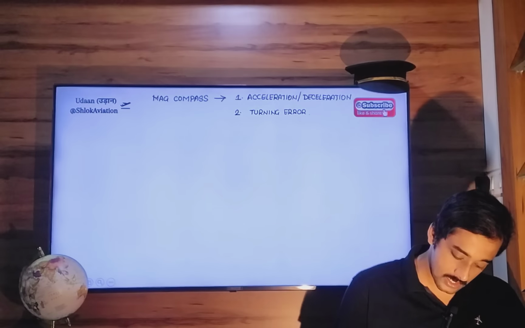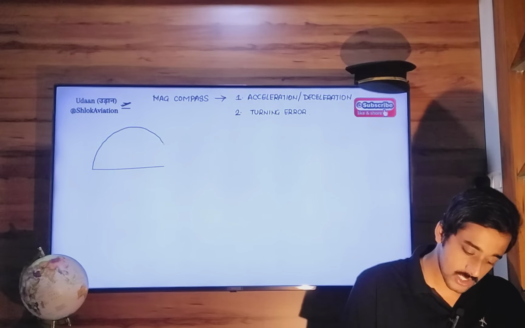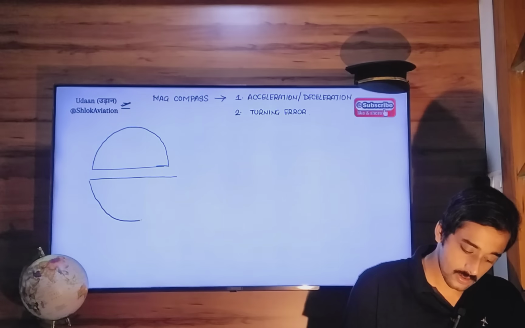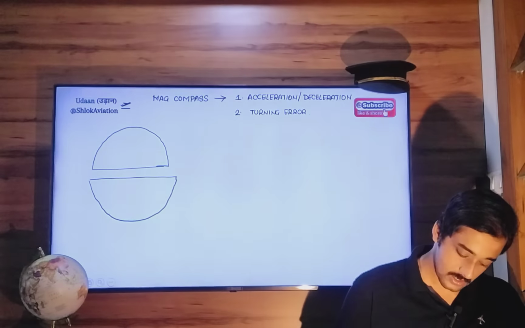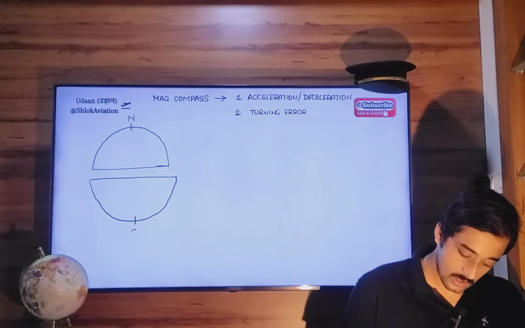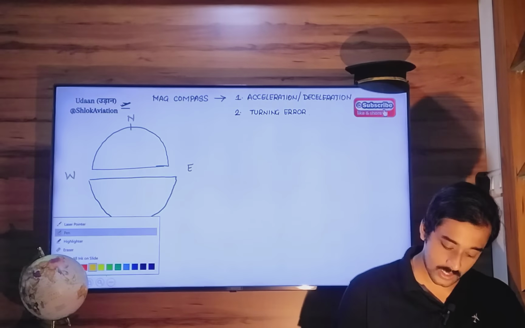Now you are in the southern hemisphere. So let's consider this is your northern hemisphere, this is your southern hemisphere. North pole, south pole, west, east. You are landing in the westerly direction.